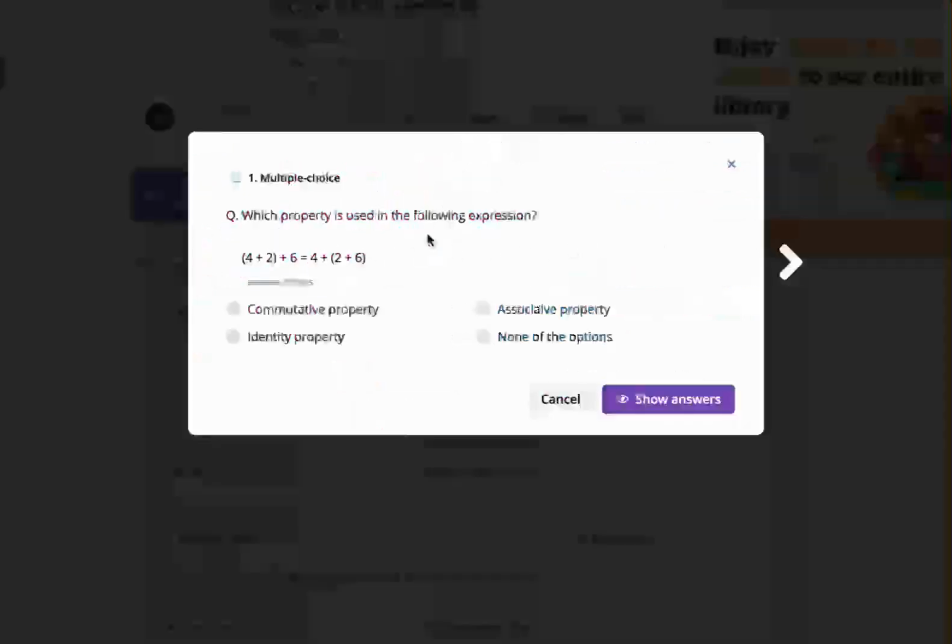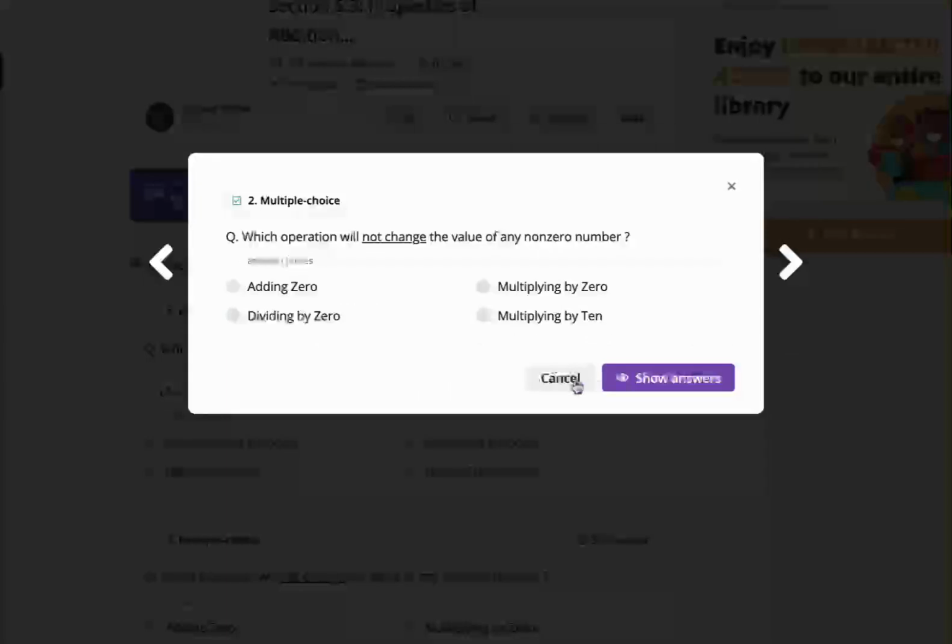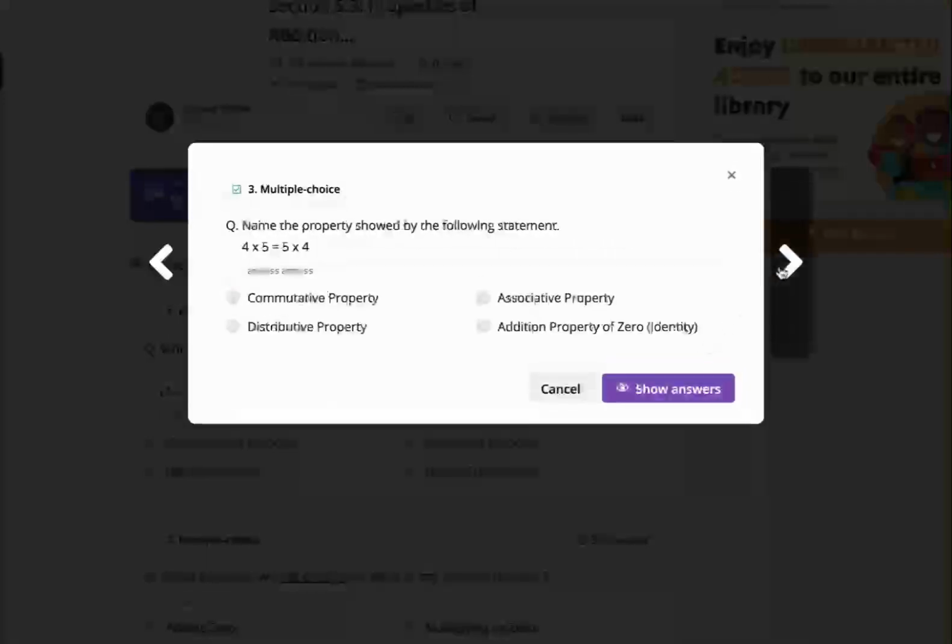Which property is used in the following expression? As you see, we are just changing the grouping. So it's the associative property. In the next one, which operation will not change the value of the non-zero number? Of course, adding 0. Name the property. We changed the order, so it's the commutative property.